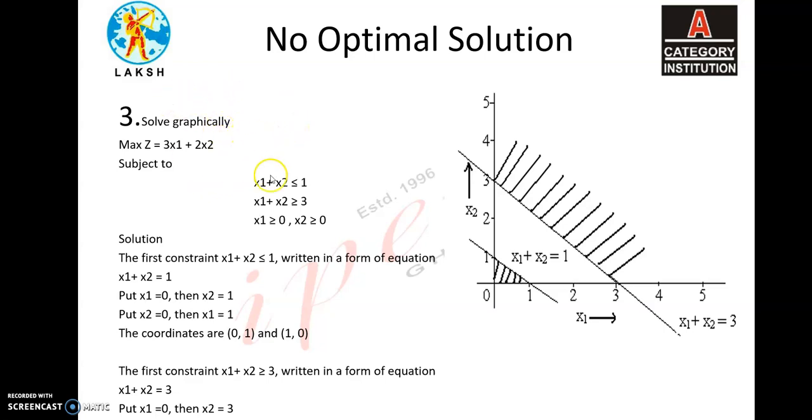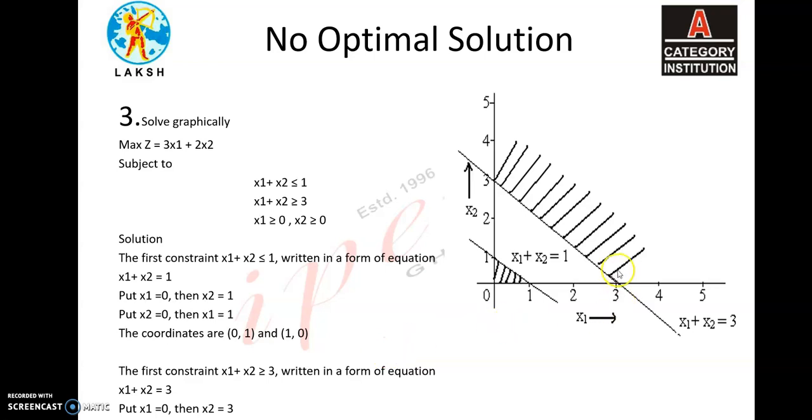So the first step is the same. Consider each inequality constraint as an equation. Second step, draw the graph. For this, we will find out the coordinates of equations 1 and 2. The coordinates are 0, 1 and 1, 0. Step number 3, find the feasible region. The first coordinates are 0 and 1 on the y-axis and 1 and 0, matched with the straight line.